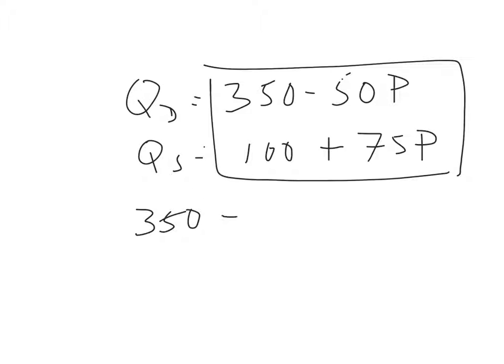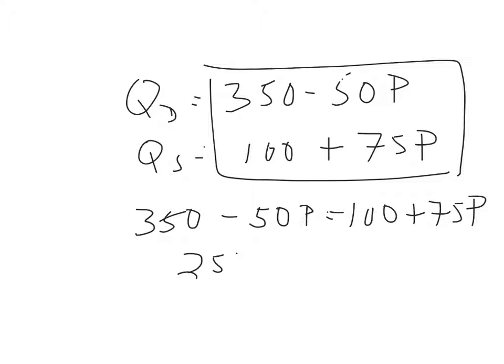350 minus 50p is equal to 100 plus 75p. So now we just solve for p. So 350, take away 100 from each side, is 250 minus 50p is equal to 75p.